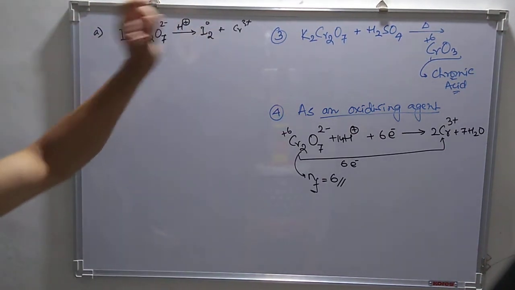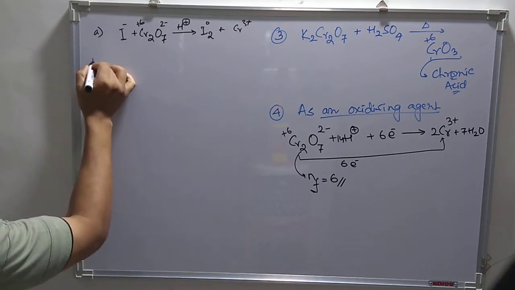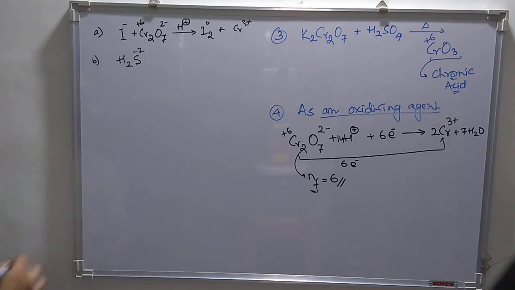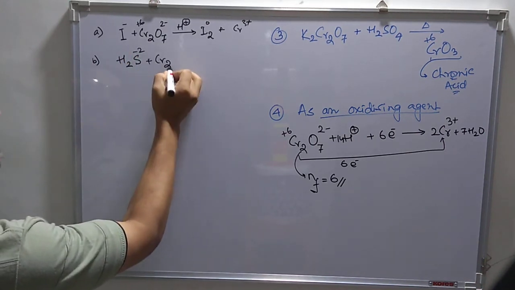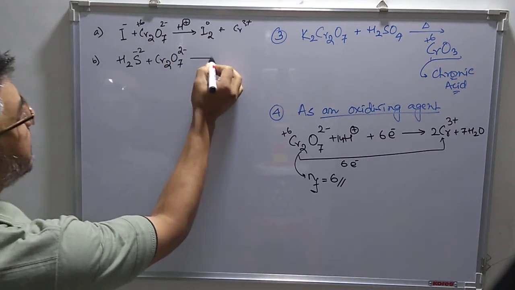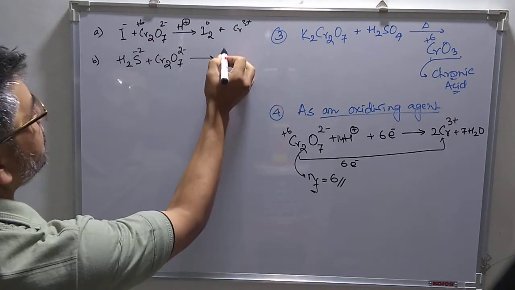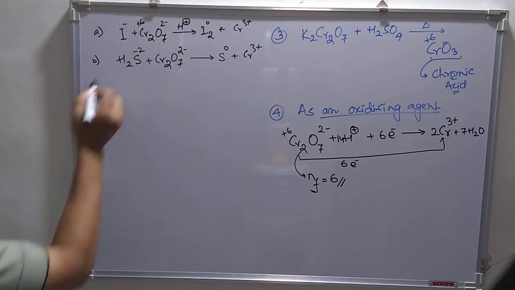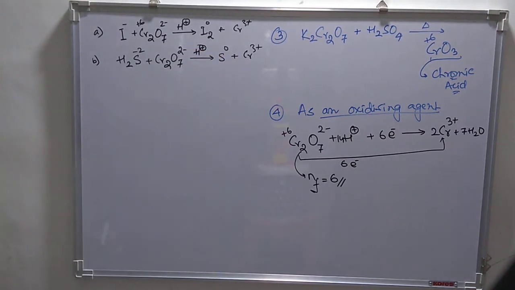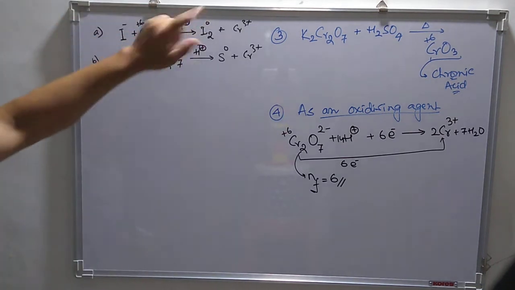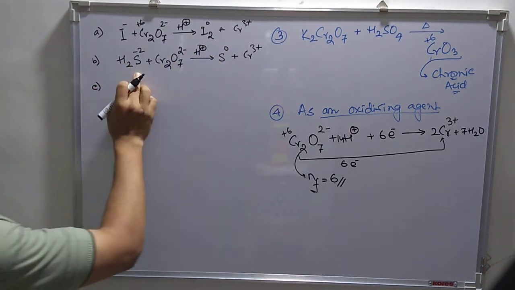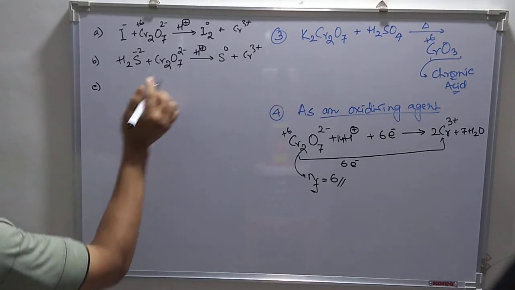So I minus is oxidized to molecular iodine. Now we can have sulfide ion, from H2S. This sulfide can also be oxidized by dichromate ion to give you sulfur, -2 to 0, and chromium is converted into +3 oxidation state. All these reactions happen in presence of acid. So we have I minus to I2, and sulfide ions to sulfur 0.